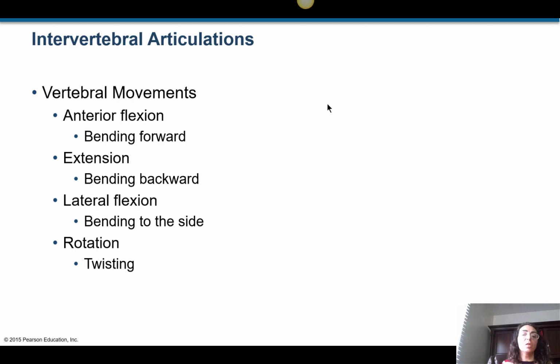And when you bend to the side, that is lateral flexion. Again, lateral flexion, you just bend to the side here, like this.